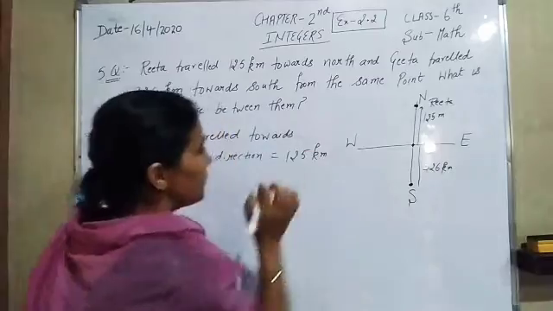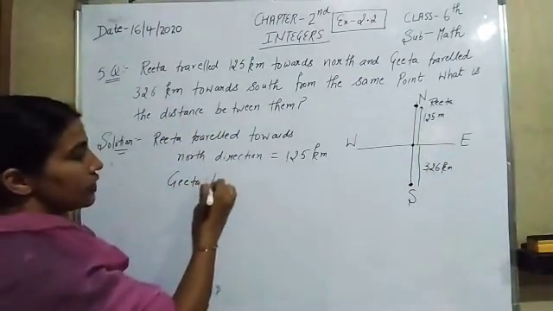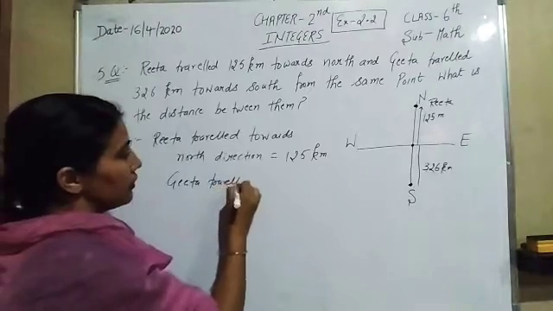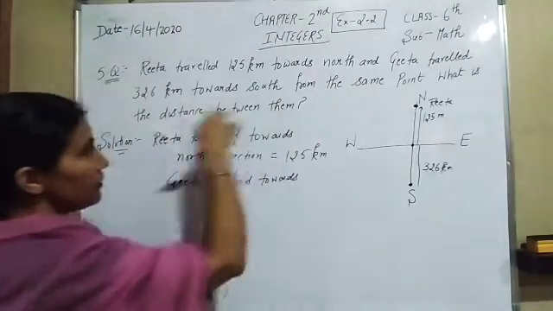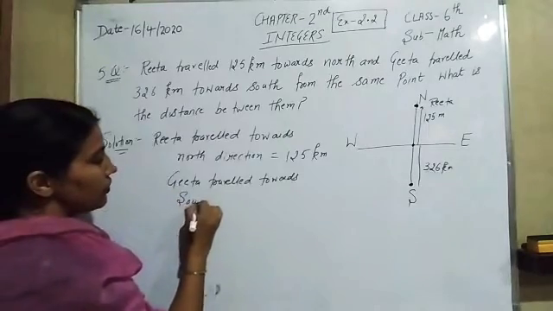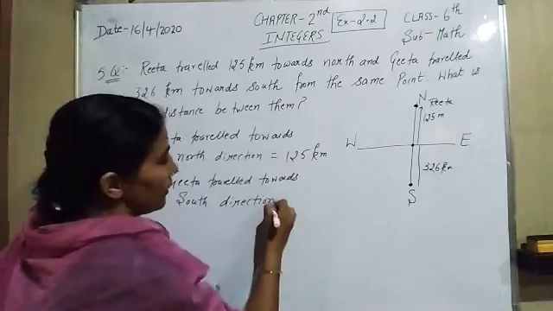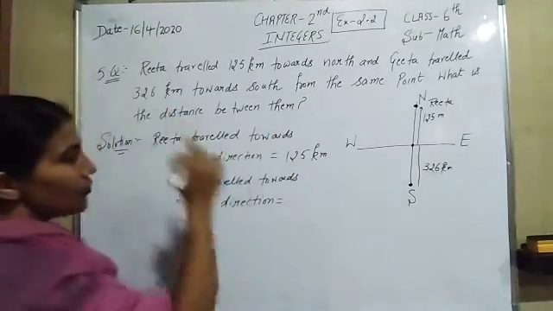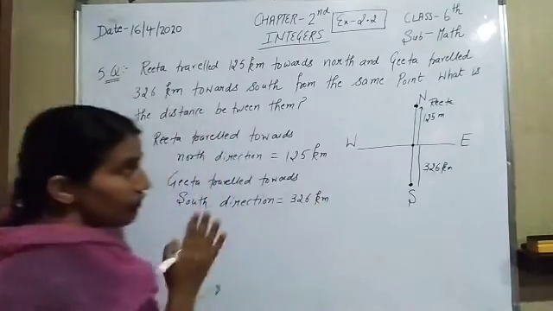After that, Geeta traveled towards, in which direction? That is south direction. Towards south direction, that is 326 kilometer.